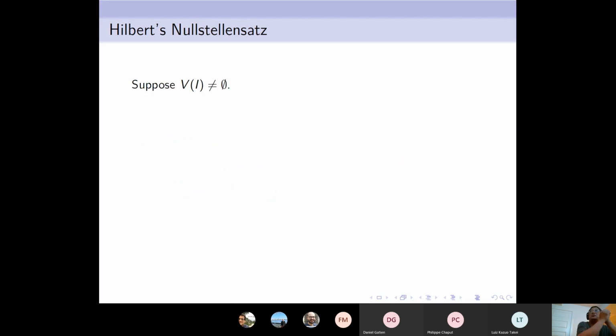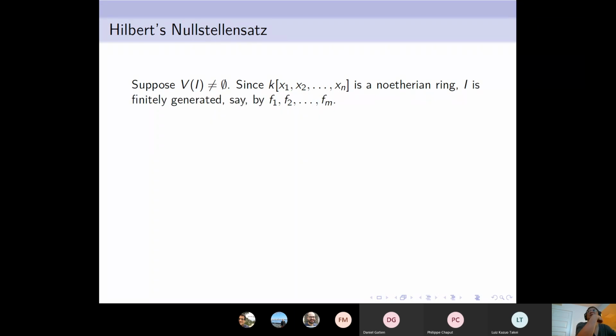And for the other direction, suppose V(I) is not empty. Then we know this polynomial ring is a Noetherian ring, so every ideal is finitely generated, say by these m polynomials f1 to fm.